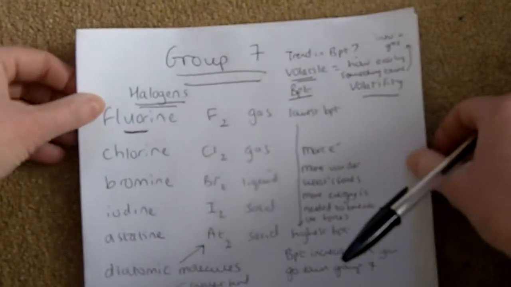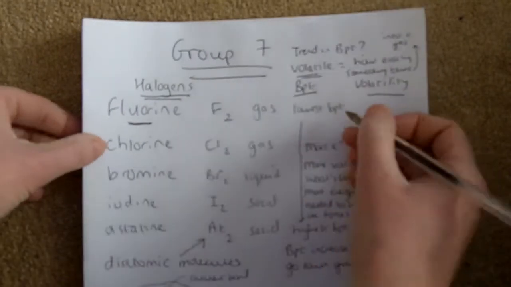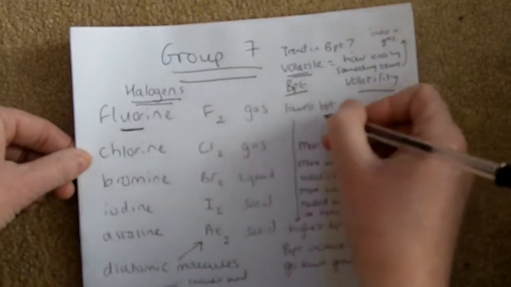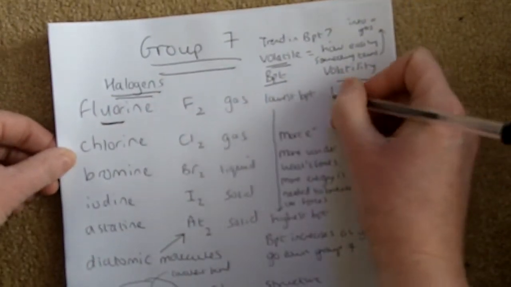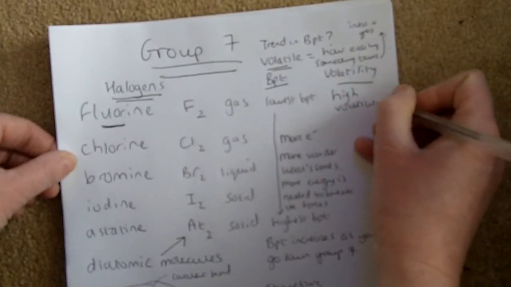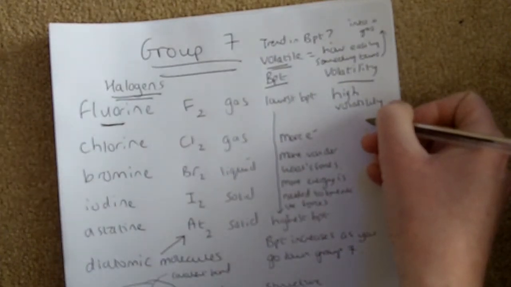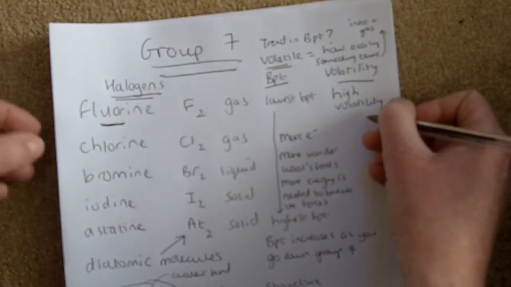So something that has a low boiling point, for example fluorine has a low boiling point. It will have a high volatility, which means it turns into a gas really easily, evaporates really easily.